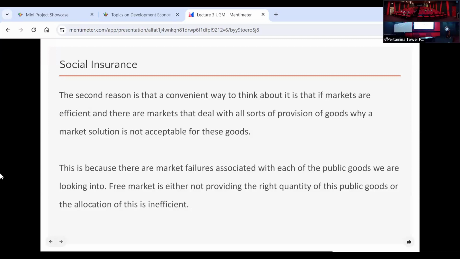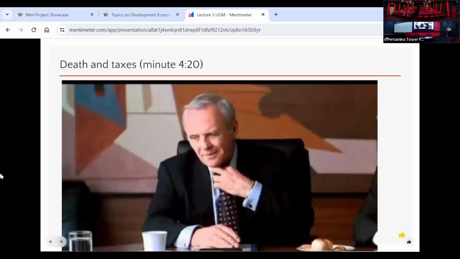It's just a bundle of joy, okay? So it has all the possible market failures. And free markets are not able to provide the right quantity of these public goods, or the allocation is inefficient. And even if it's Pareto, it's going to be unfair. So the government has to intervene.